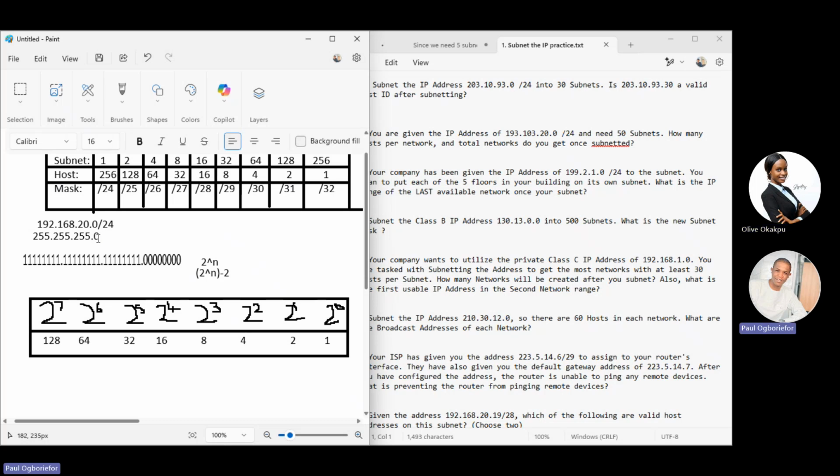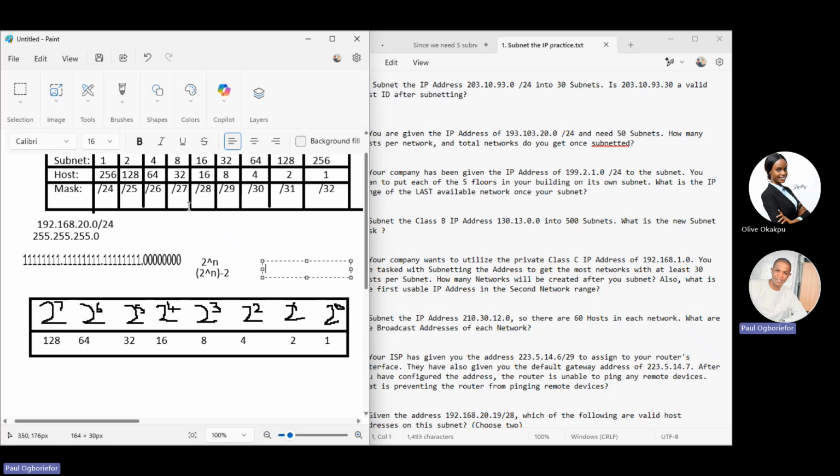Okay. Now, remember in /27, how many zeros are we borrowing? Let's just work with this last 8 bits, which is of most importance to us.